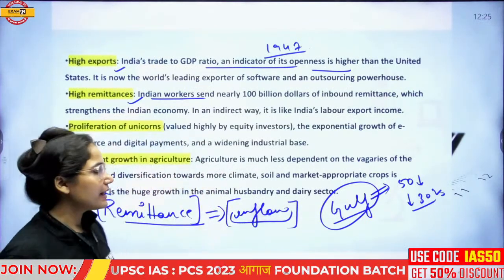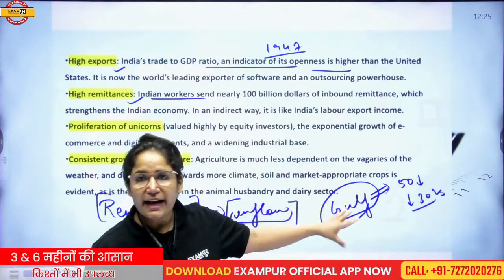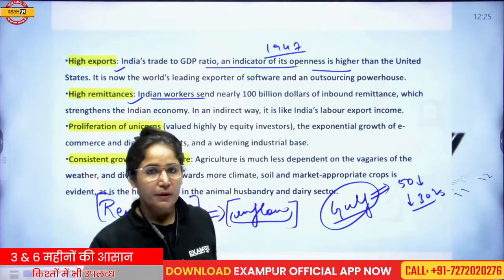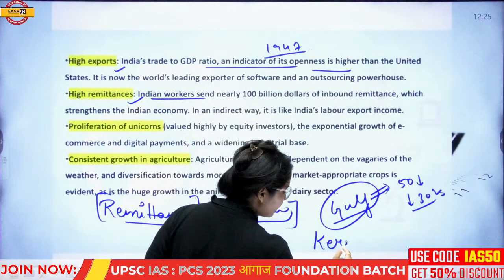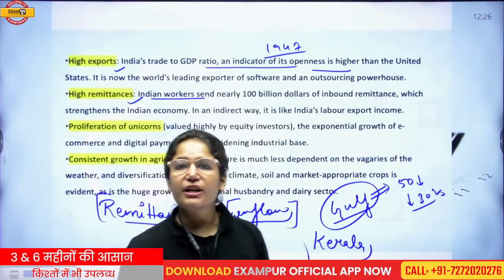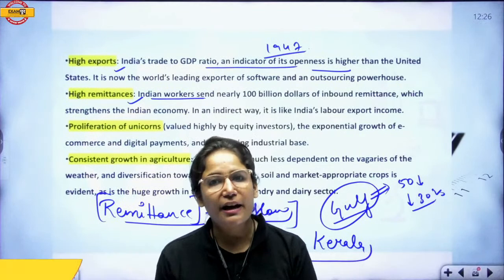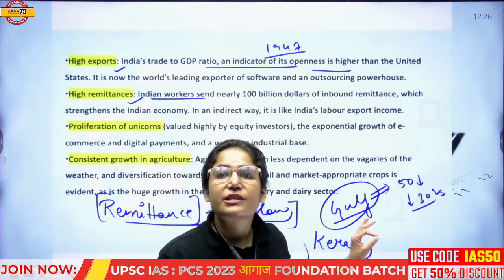Next point you need to consider: since we are seeing a declining trend from the Gulf nations, you need to understand regarding Kerala. Kerala used to be the topmost recipient of remittances, if you might have heard. It used to be. Now it is not.